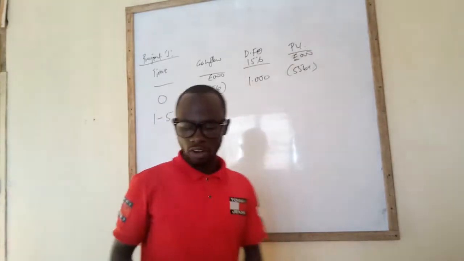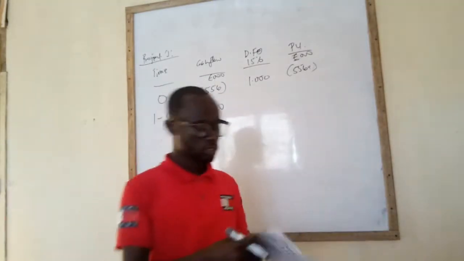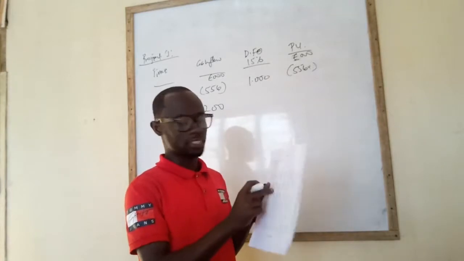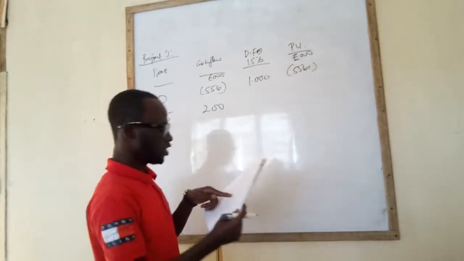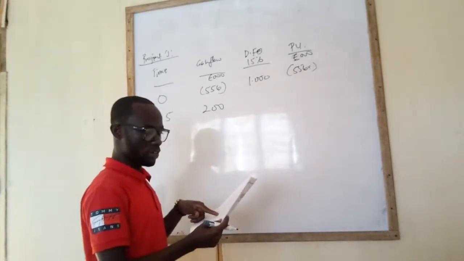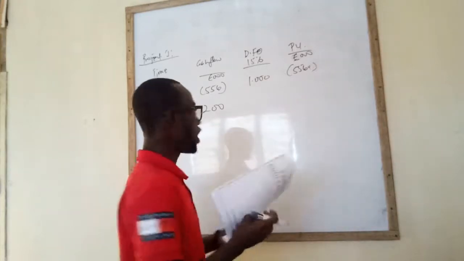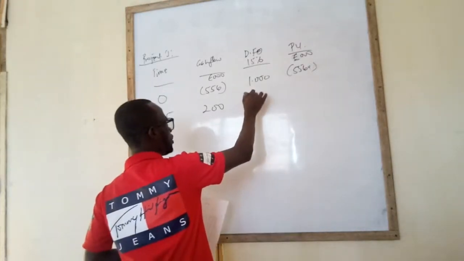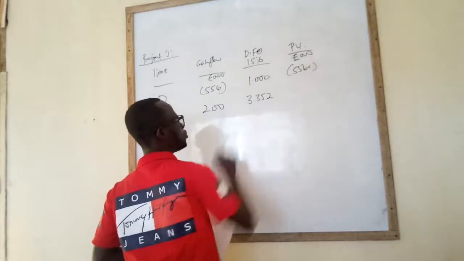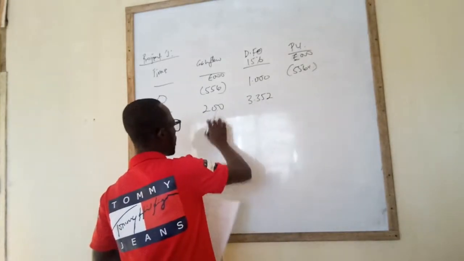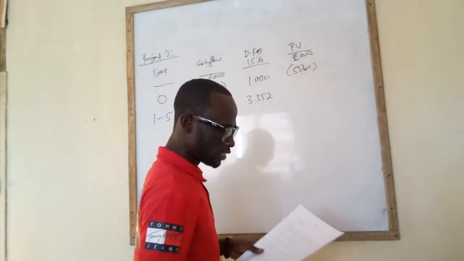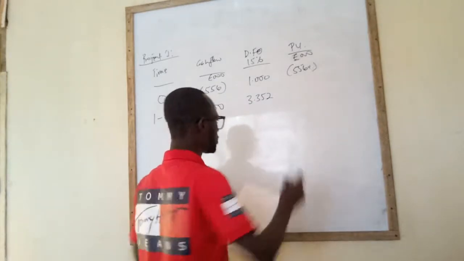So we go to the annuity table, the second table, and we read 15%, the 5th period, and that is going to be 3.352. And then we multiply. When we multiply, we're going to get 670.